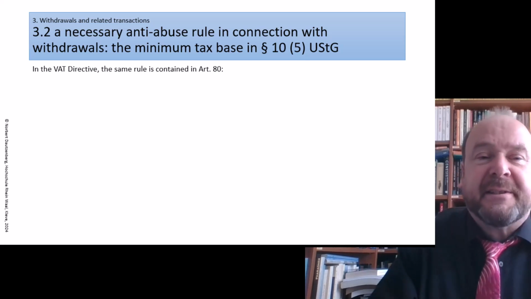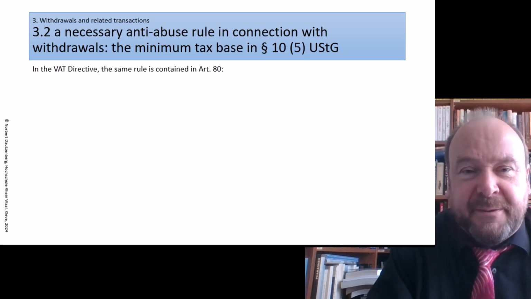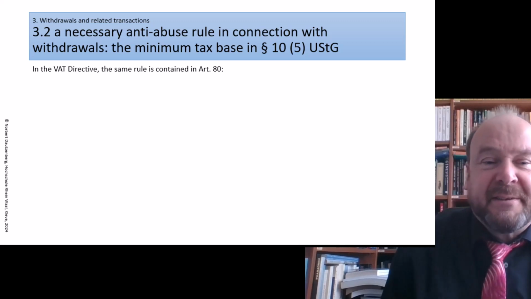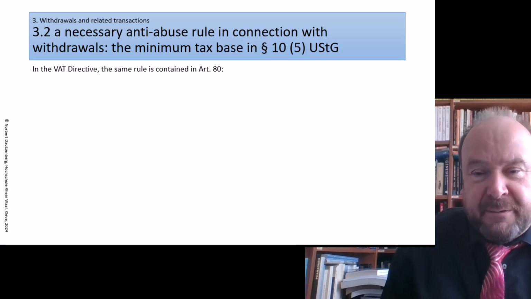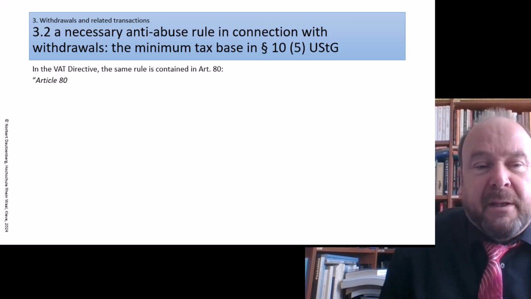Naturally, again, it's interesting for us if also that can be found in the Value-Added Tax Directive. The relevant rule is here Article 80.